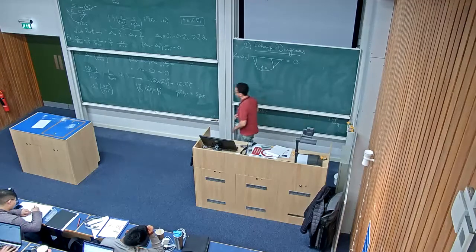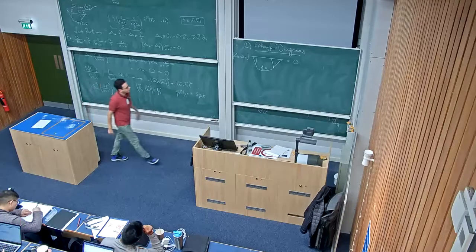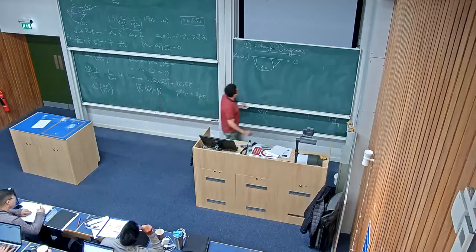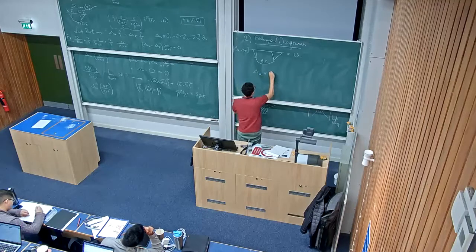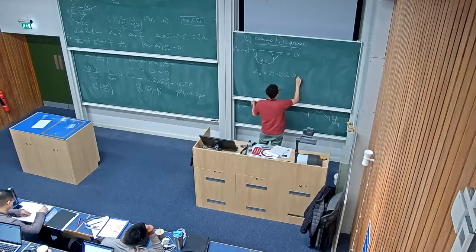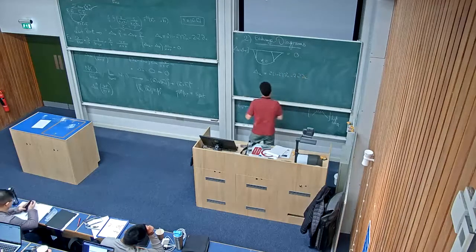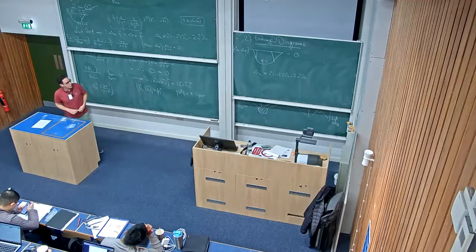equals 0. And well, let's look at delta U. It doesn't have the U plus V equals 0 singularity.